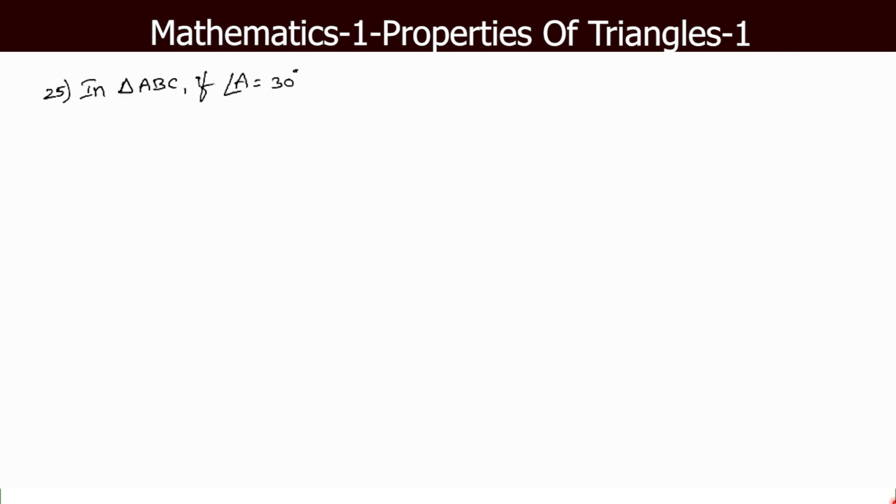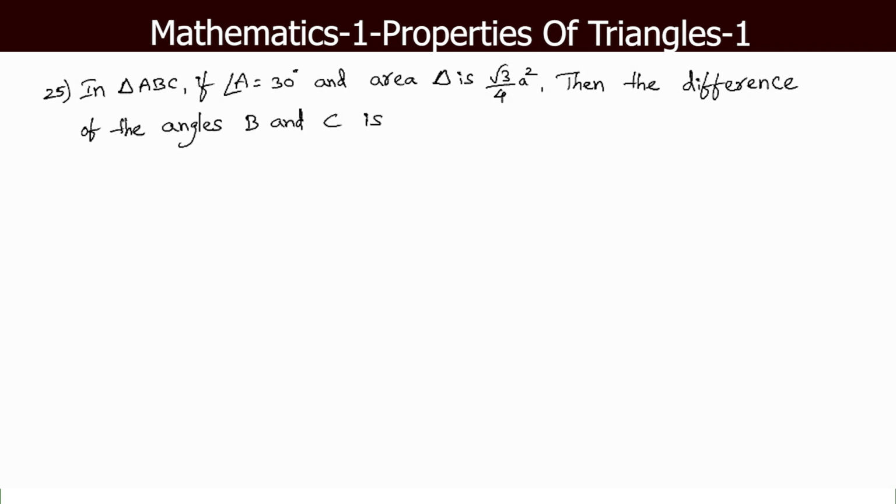25. In triangle ABC, if angle A is equal to 30 degrees and area Δ is root 3 by 4 a², then the difference of the angles B and C is: 1) 75 degrees, 2) 60 degrees, 3) 90 degrees, and 4) 45 degrees.